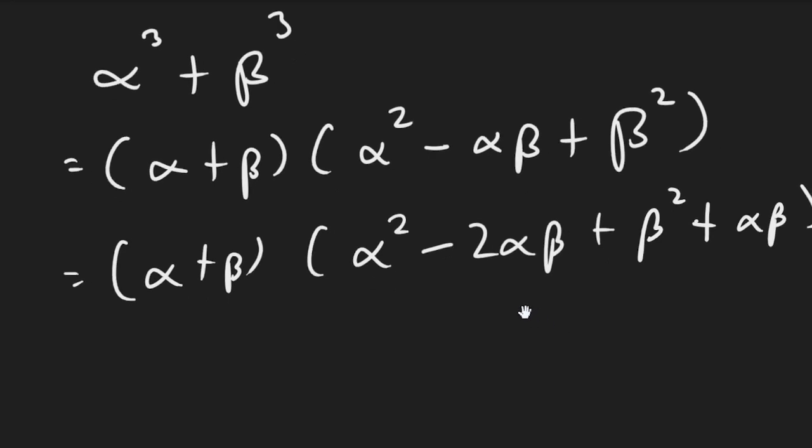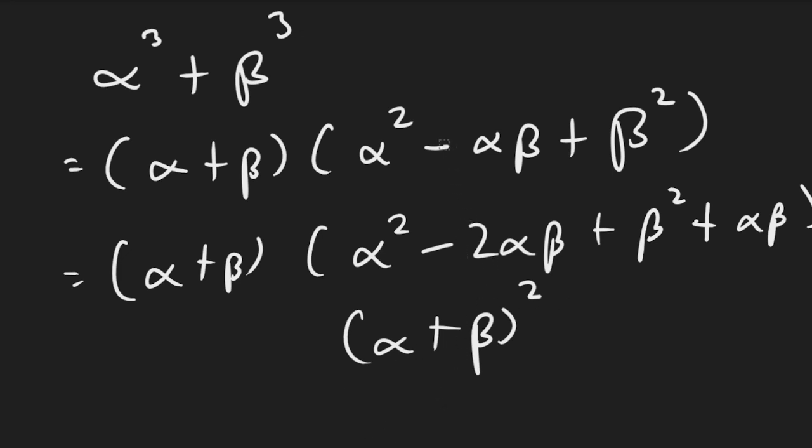Instead of minus 2 alpha beta, let us change it to plus 2 alpha beta. Why do we want to change it to plus 2 alpha beta instead of minus? Because we are targeting to get alpha plus beta squared. This is what we want to aim for.